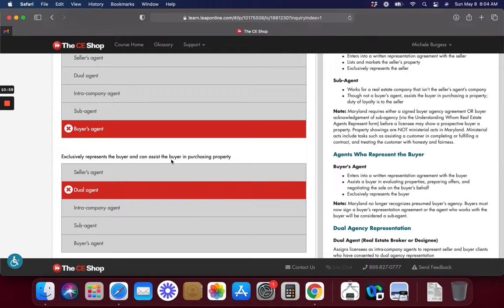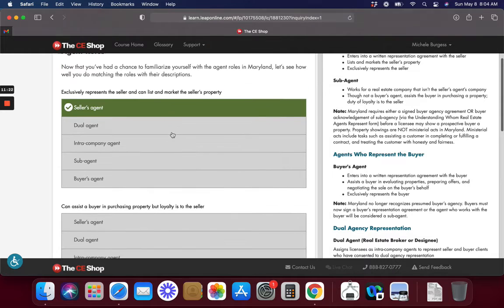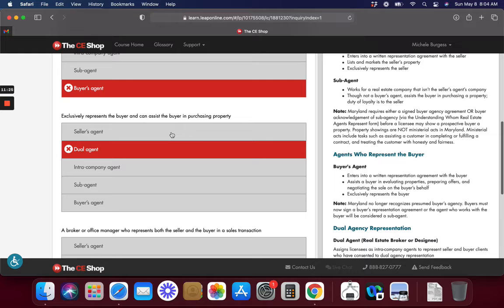This one should be a sub-agent. Assist the buyer in purchasing the property is also a sub-agent. Is not loyal to the seller. And purchasing a property, duty of loyalty is to the seller. So this one is a sub-agent right here. Exclusively represents the buyer. It's probably the buyer's agent.